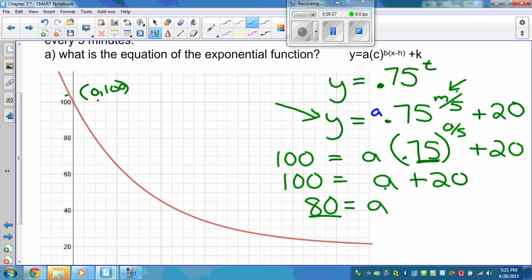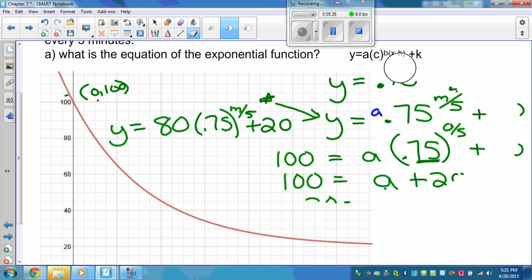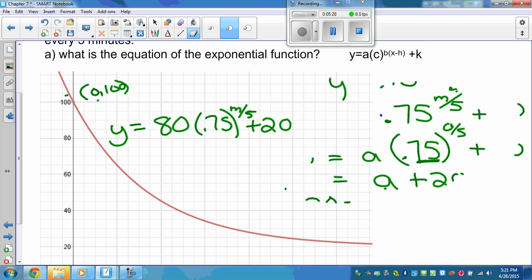So my final function, going back here, is going to be y equals 80 was my a value times 0.75 to the power of m over 5 plus 20. Where did that m over 5 come from again?